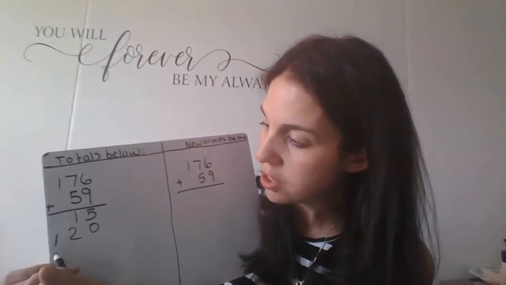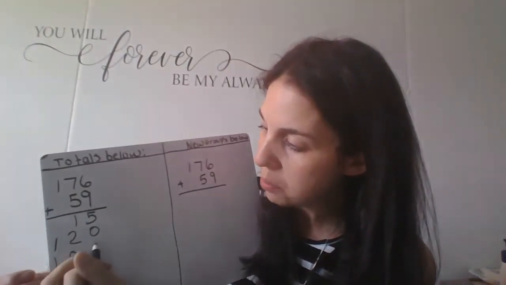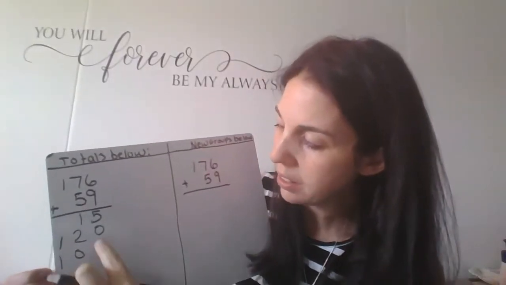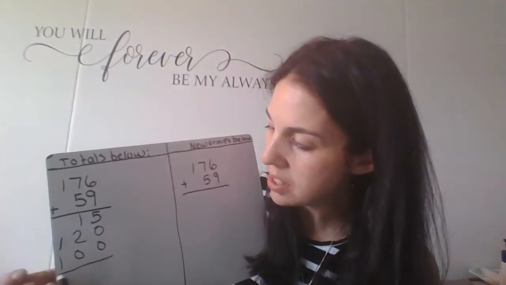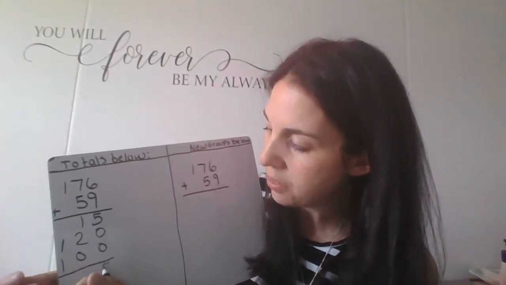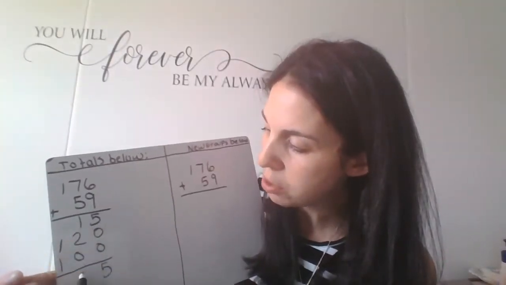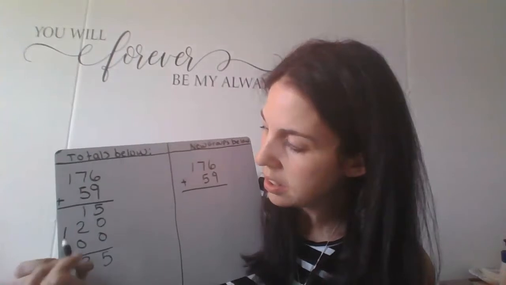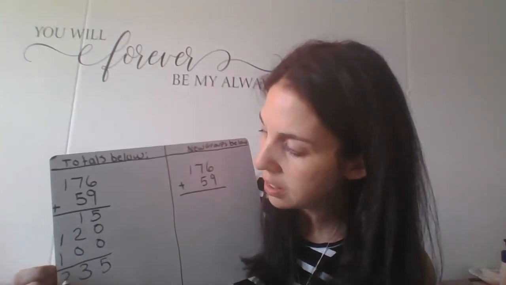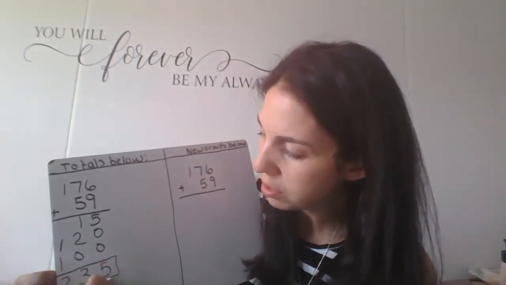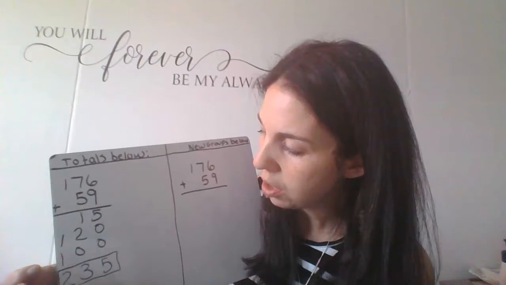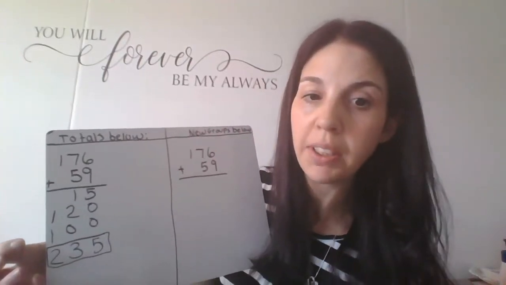And now we still have our 100. We're going to bring that down and put it here, okay? And now we simply add them up. 5. 1 plus 2 is 3. 1 plus 1 is 2. Okay, so there's totals below.